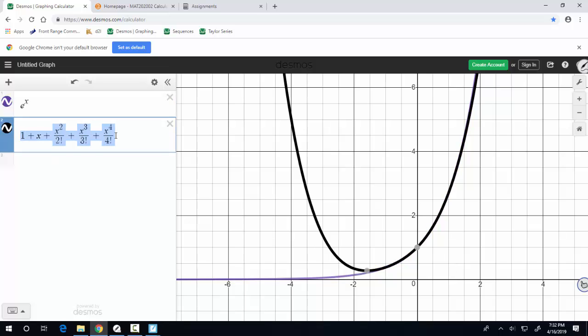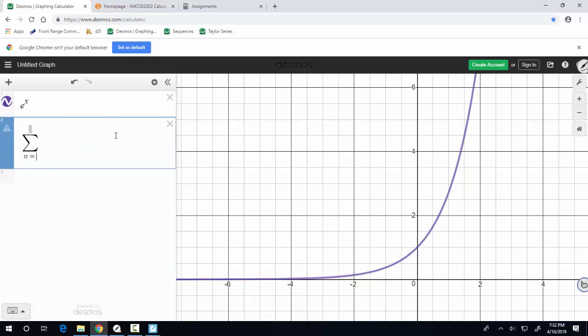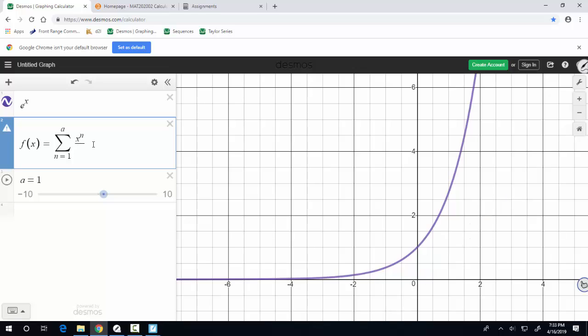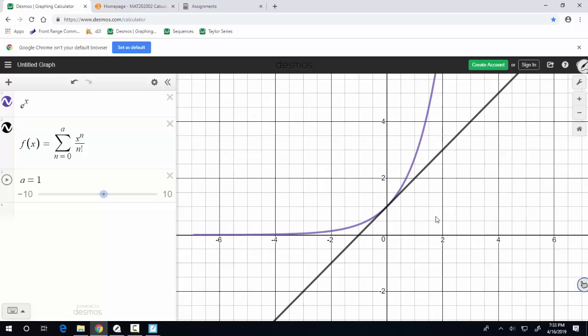Maybe a better way to write this. Okay, so that would be the linear approximation to e to the x at this point.